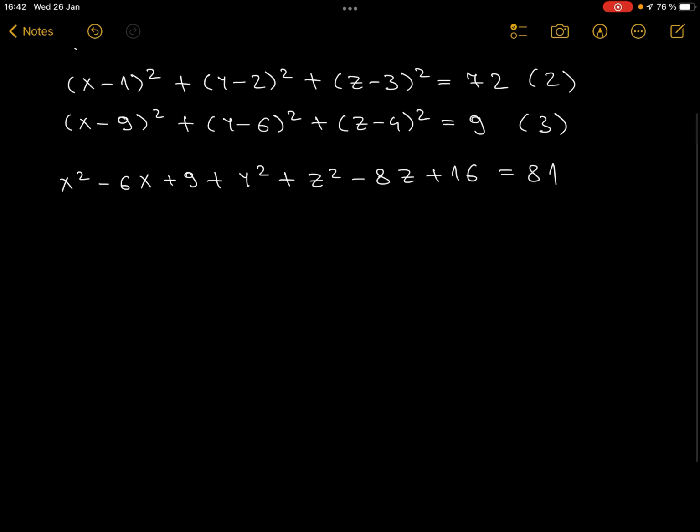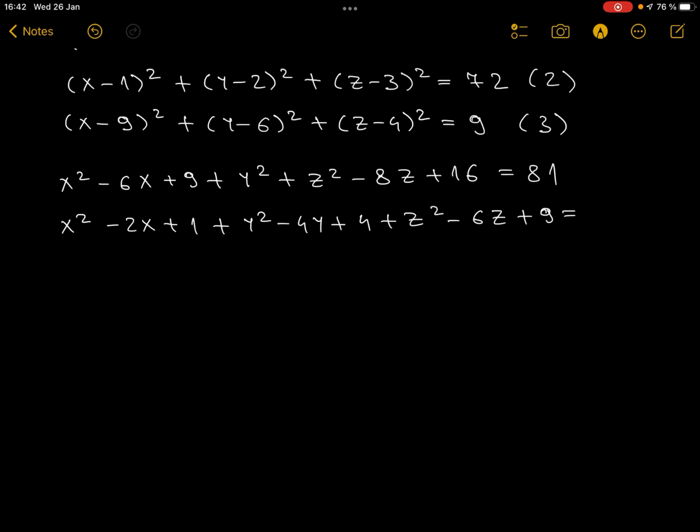Now, for the other one, we'll have that x squared minus 2x plus 1 plus y squared minus 4y plus 4 plus z squared minus 6z plus 9 is equal to 72.